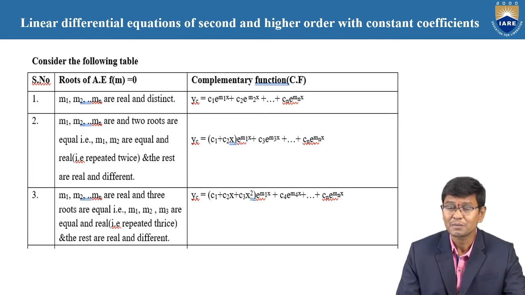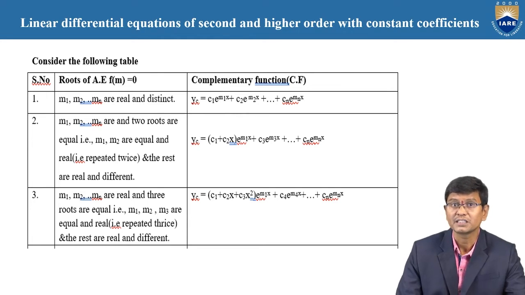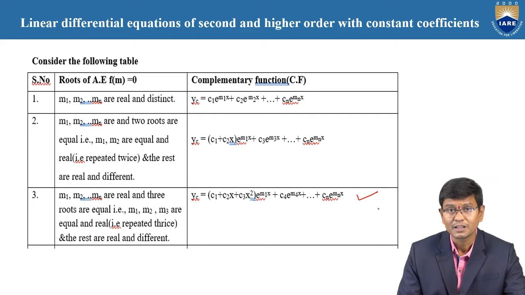If m1, m2, m3 are thrice repeated and the rest of the roots are different, then the complementary function is yc = (c1 + c2 x + c3 x^2) e^(m1 x) + c4 e^(m4 x) + ... + cn e^(mn x).